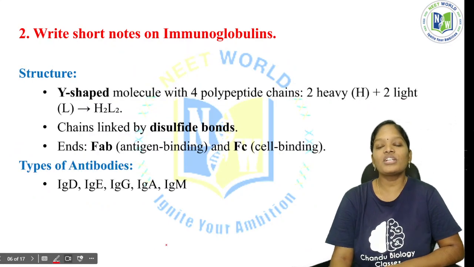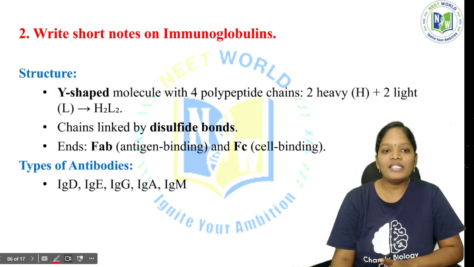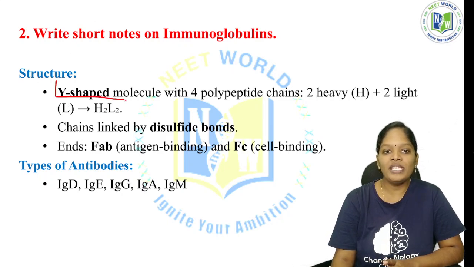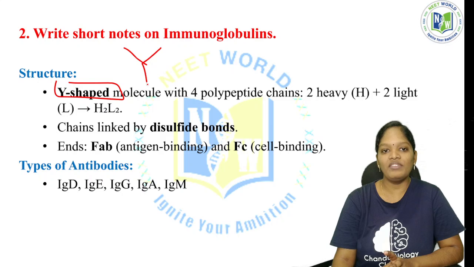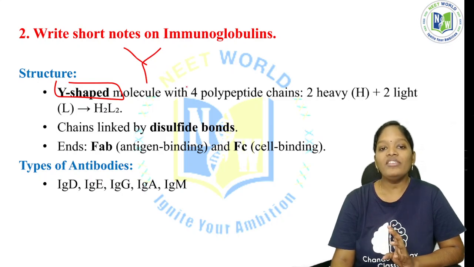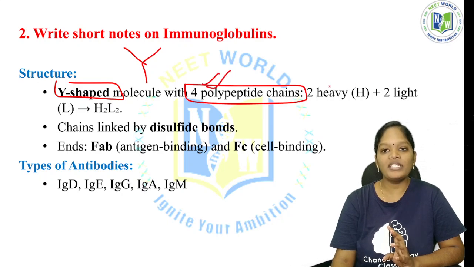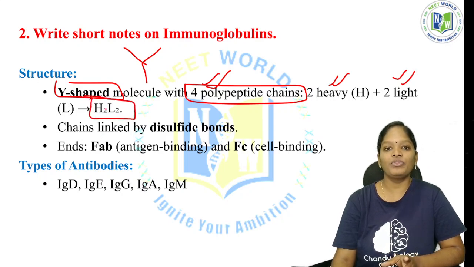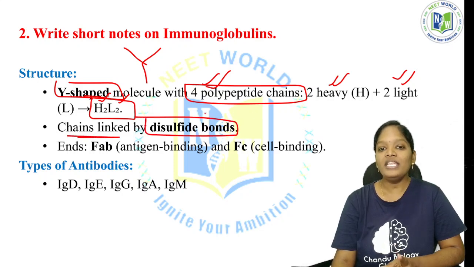Now what will be the structure of the immunoglobulins? Basically, the structure of the immunoglobulin is Y shaped, as I have mentioned before. They have 4 polypeptide chains, 2 heavy chains and 2 light chains, so we can write them as H2L2. The chains are linked by disulfide bonds.